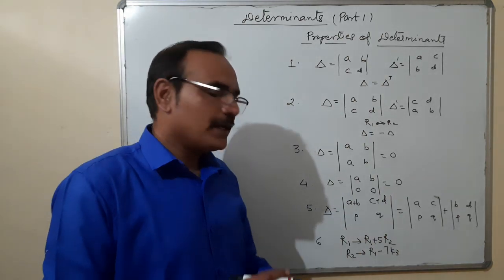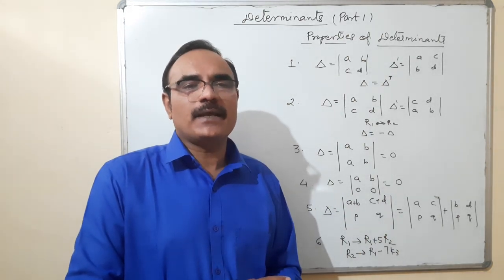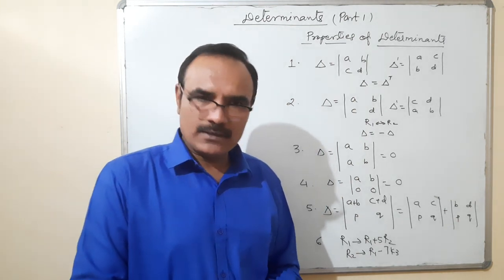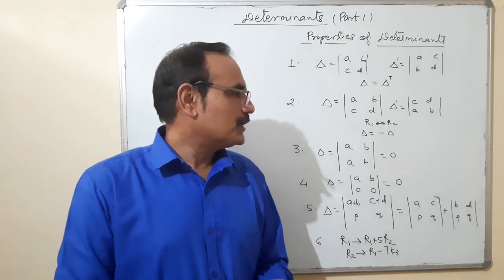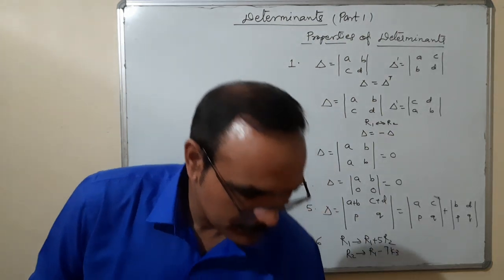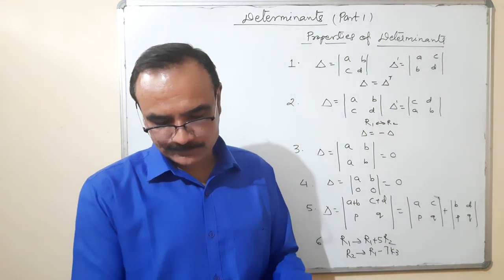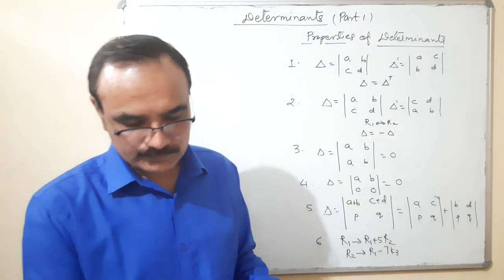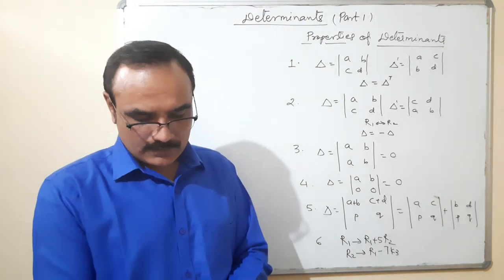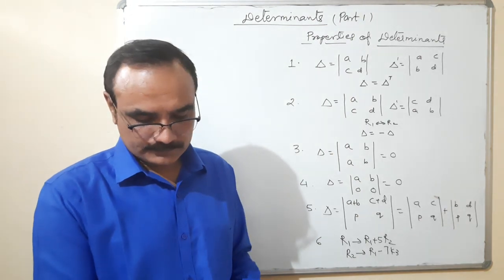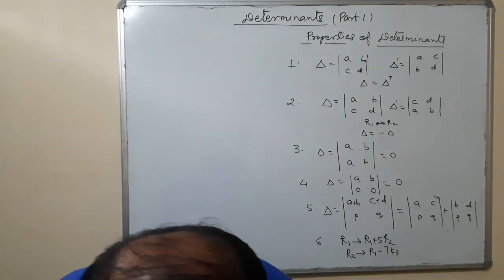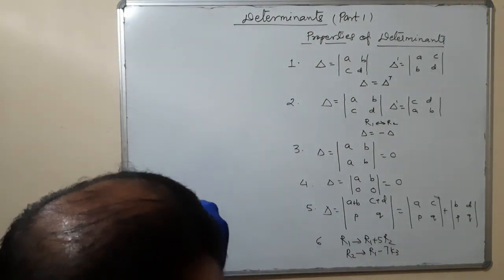And property number 6 says any 2 rows can be added or subtracted with multiplication by any non-zero scalar quantity. So these are the properties of determinants. Using these properties, we'll have to solve the questions of exercise 4.2. So I'm taking exercise 4.2.